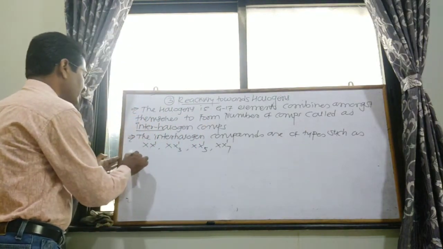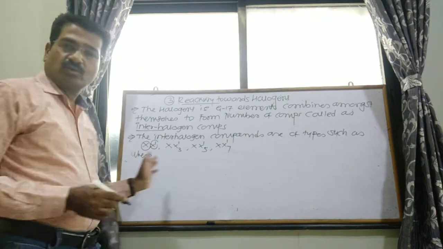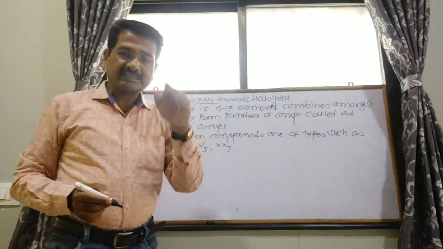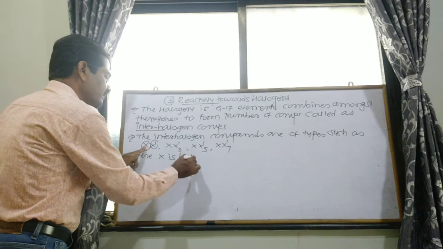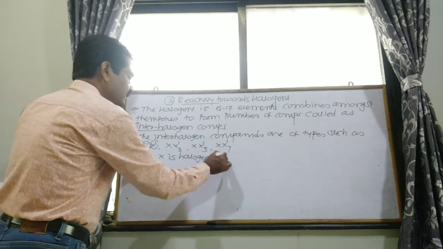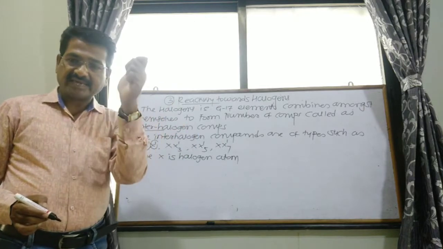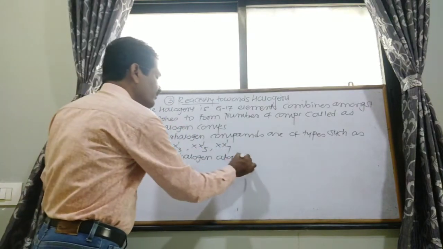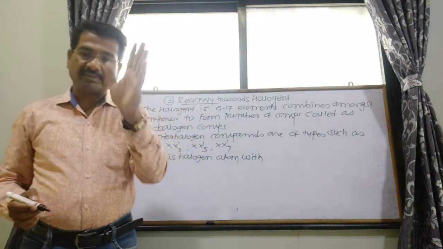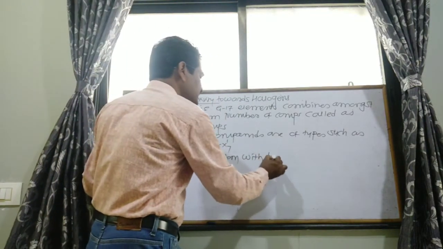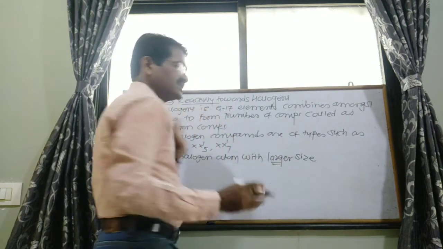Where this X and this X' indicate what? X is a halogen atom with larger size. Size is bigger.